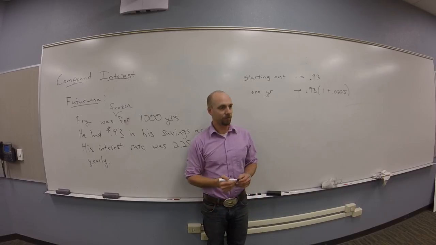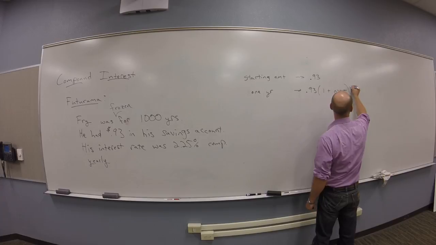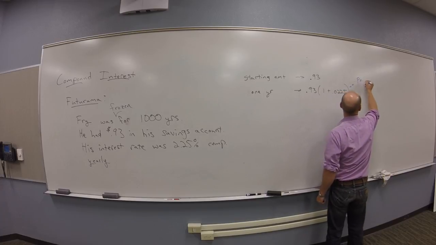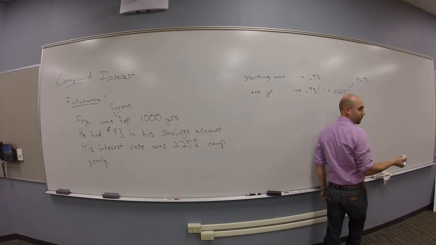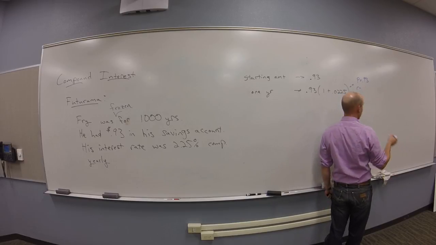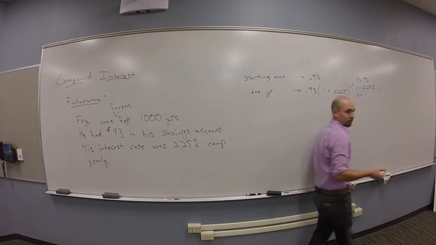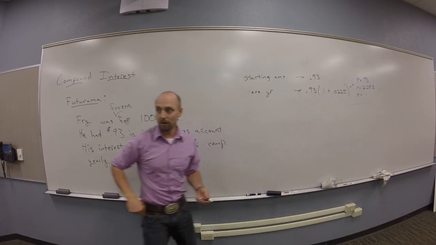That's a simple interest formula. What are my things here? You've got your principal and your rate and time. So my principal was $0.93, my rate was 0.0225, which is 2.25%, and the time is 1 year. You all see that?